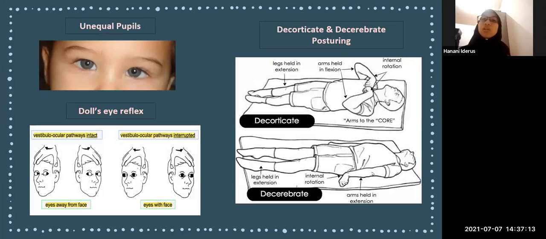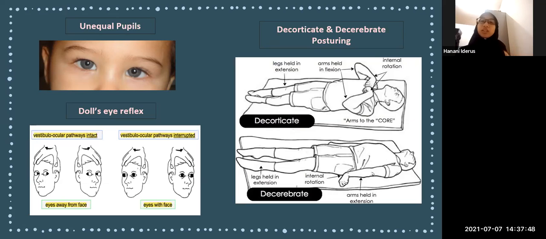This is just a picture of the unequal pupil, meaning that one side is constricted while the other one is dilated. Next is the doll's eye reflex. Doll's eye reflex is basically this maneuver. We can only assess it in patients that are comatose or newborn. How we can assess this maneuver is that if we move the head to one side, we expect the eye to move to the other side.